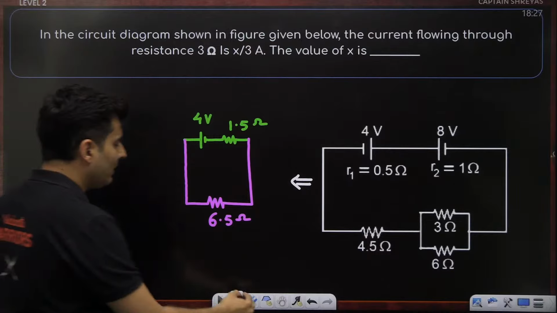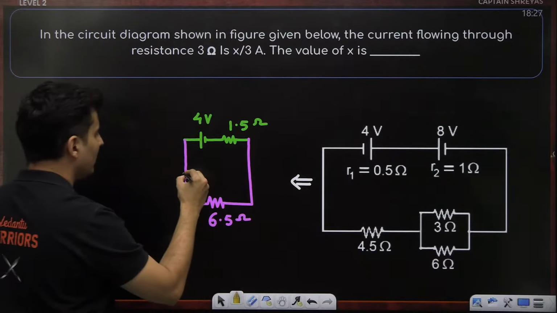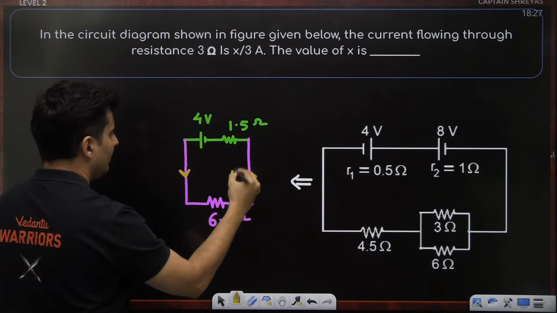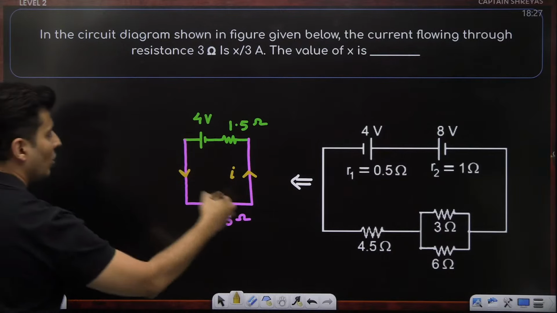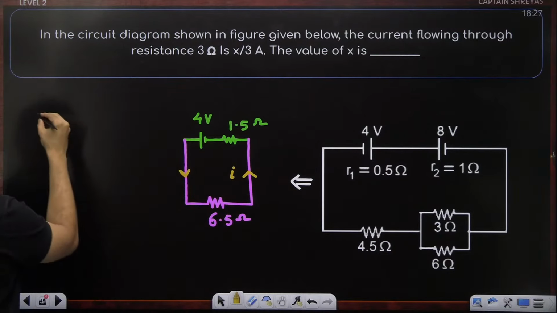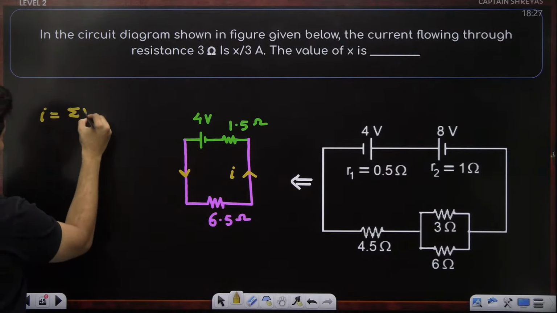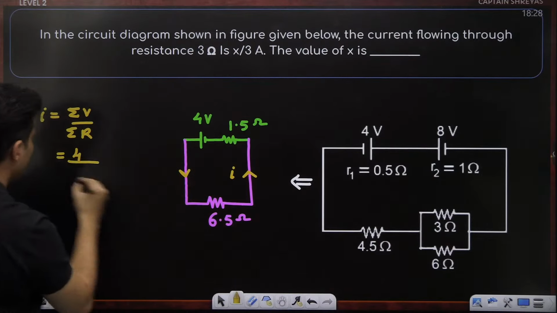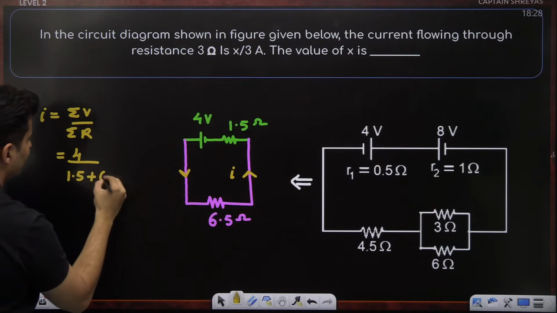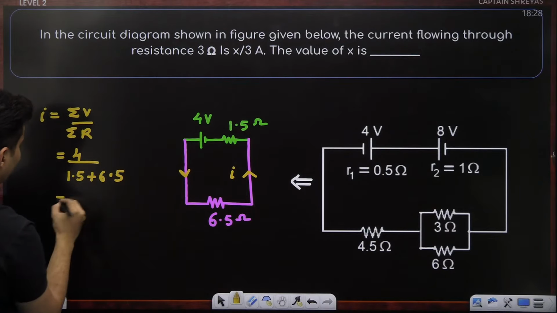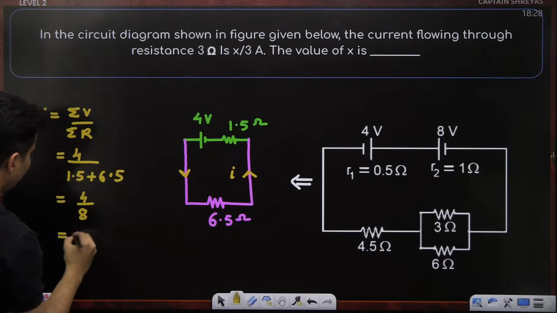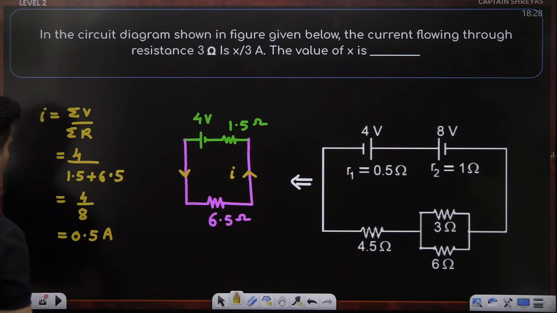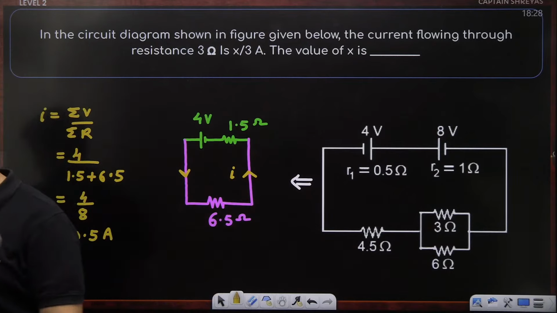So what will be the current flowing in this circuit, my dear warriors? The total voltage by the total resistance. Total voltage is 4. Total resistance is 1.5 plus 6.5, which is 8. So 4 by 8, which is basically 0.5 amperes. Is it right? 0.5 amperes.